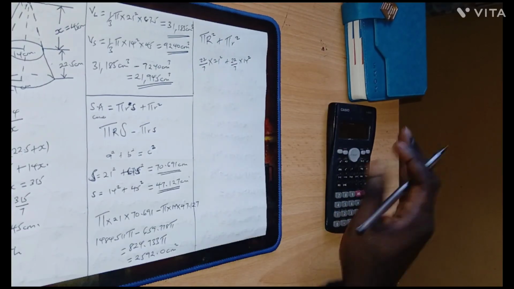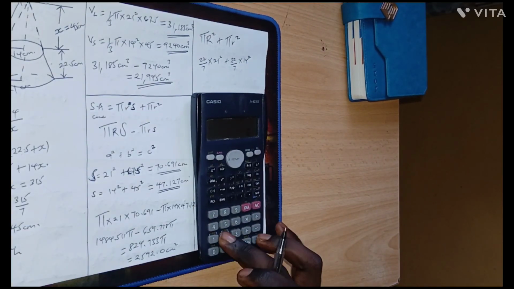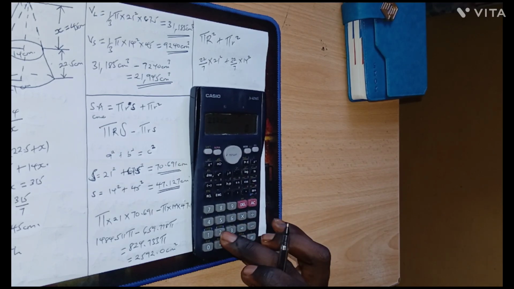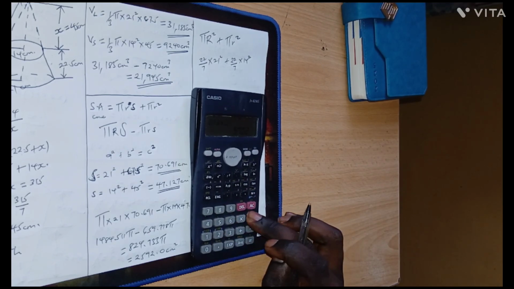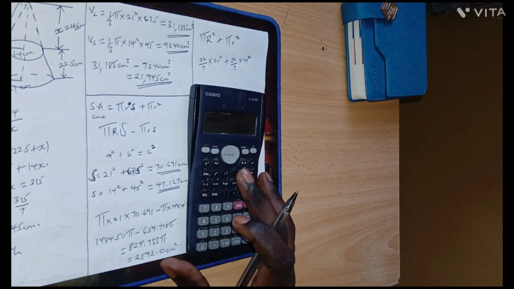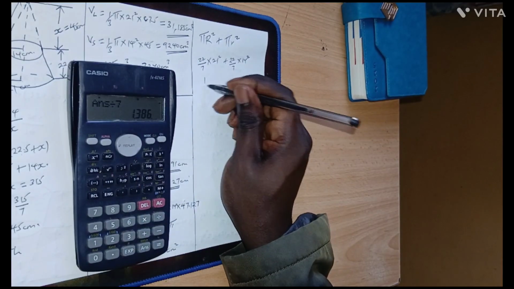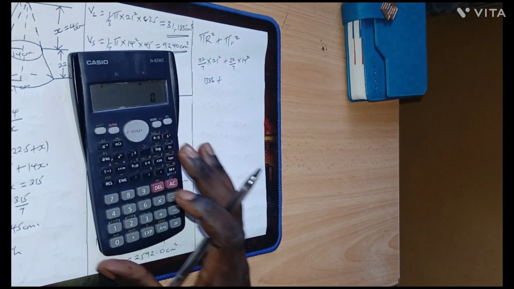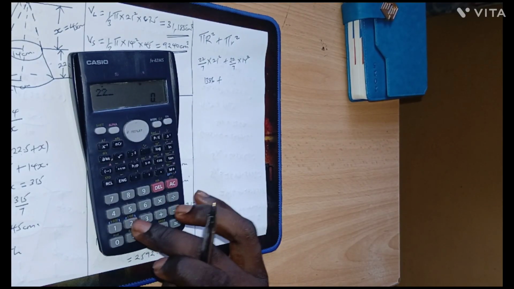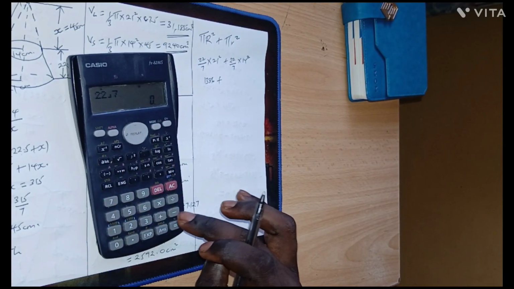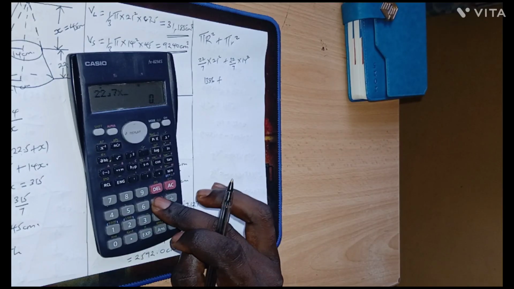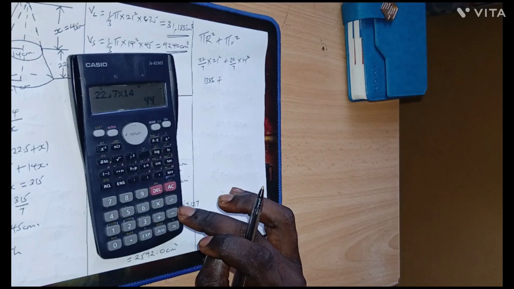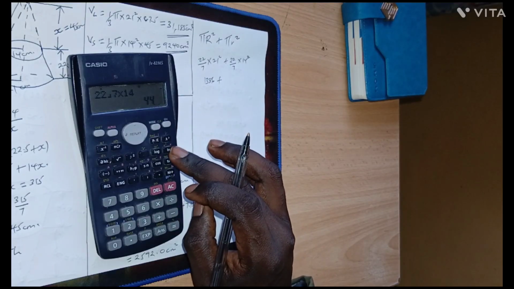What do we have here? 21 squared multiplied by 22 divided by 7 gives us 1386, plus 22/7 multiplied by 14 squared.